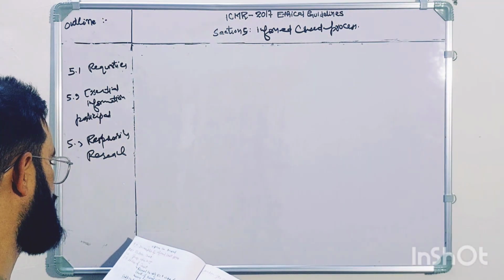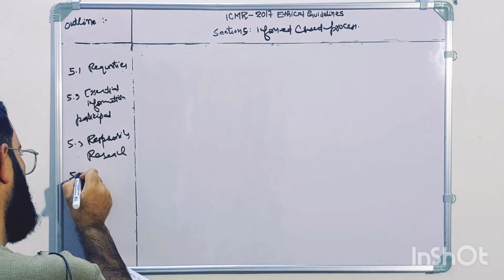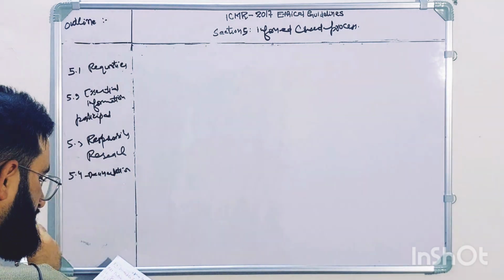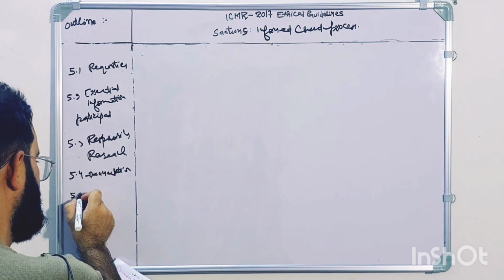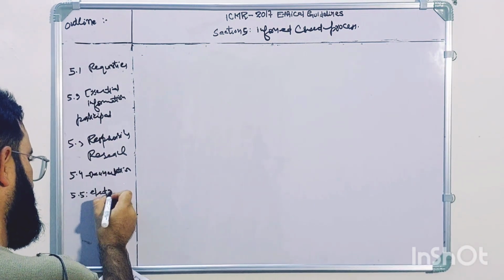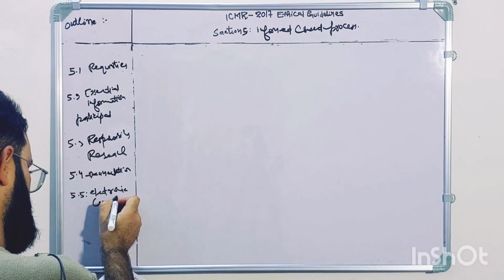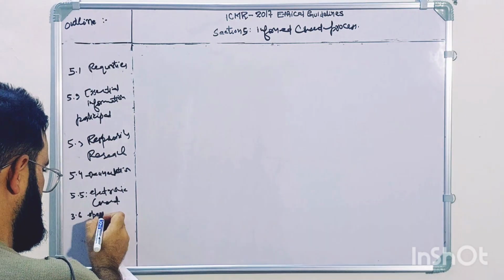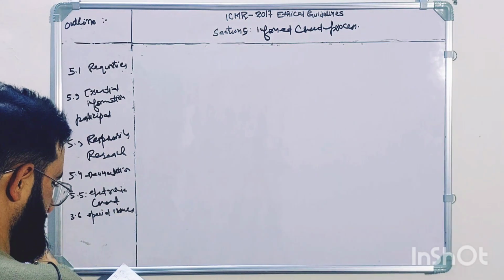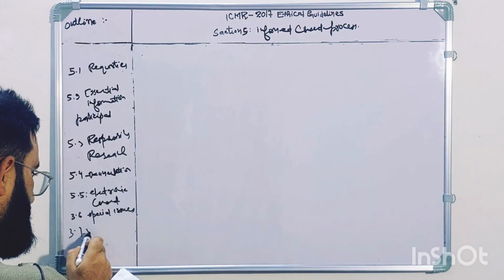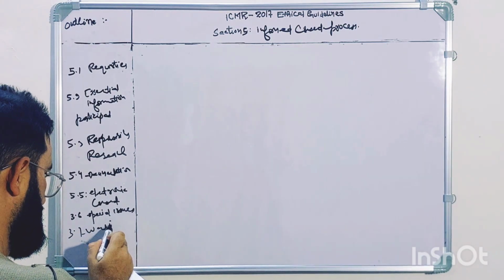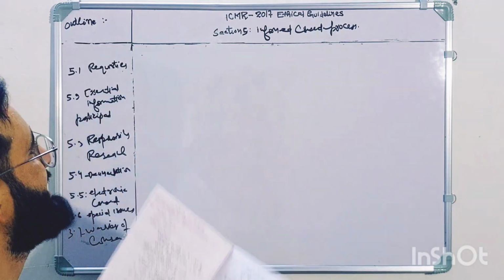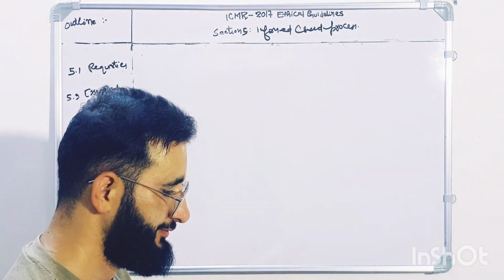Next we will see the documentation of the informed consent process, then electronic consent, then special issues, and then the last one, the waiver of consent. So we are going to learn the 7 topics under this section, Section 5, the informed consent process.